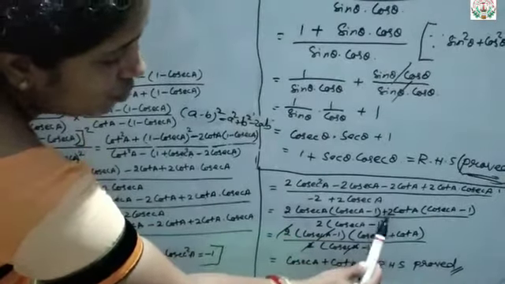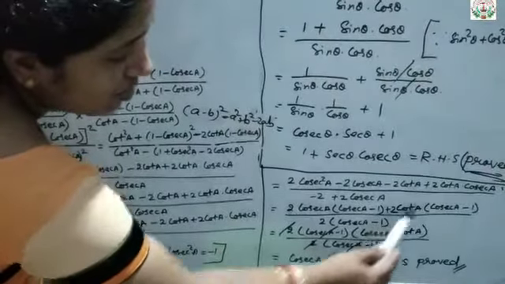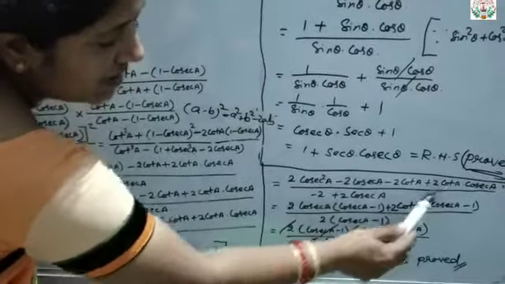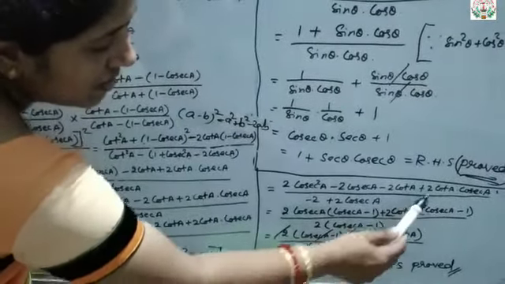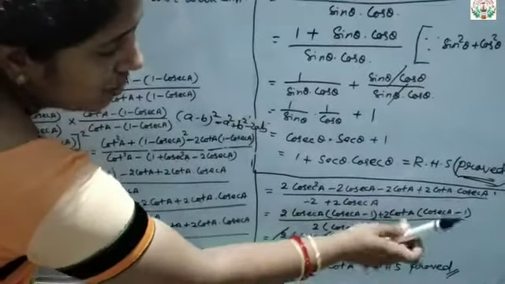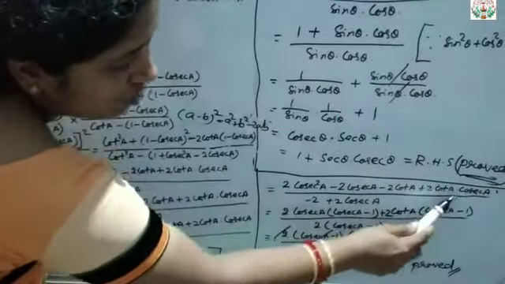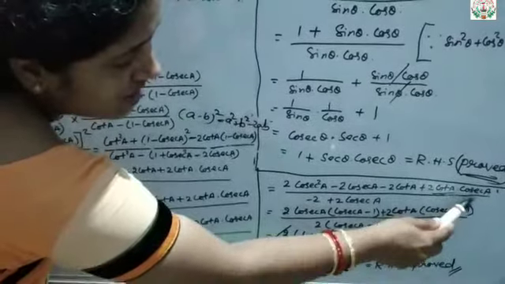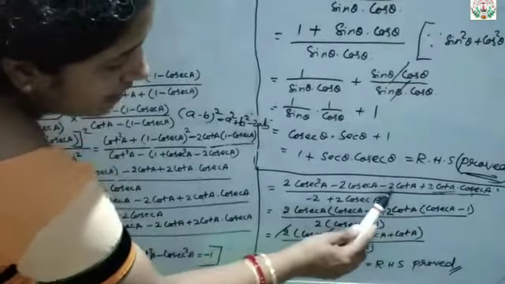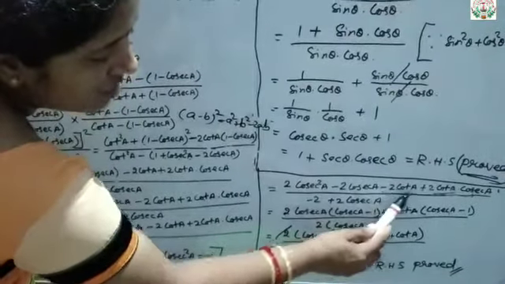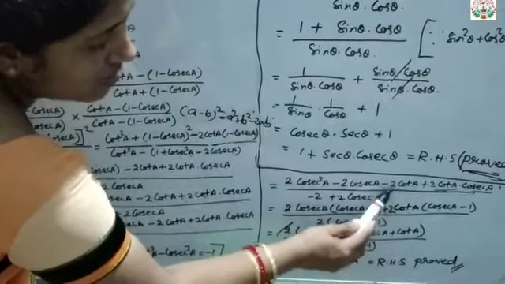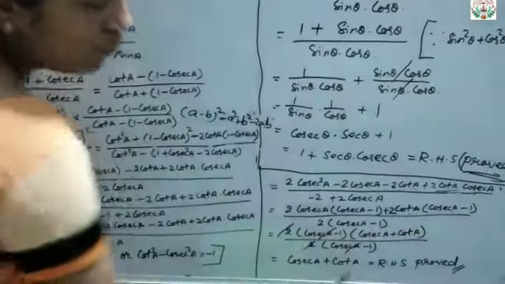So it will be 2 then cot A, because this term came first, I am taking this as the front. So plus 2 cot A I took, means from here 2 cot A gone. What is left out? Cosec A. Now minus this term. This term 2 cot A came out. What is left out? 1. So minus 1.